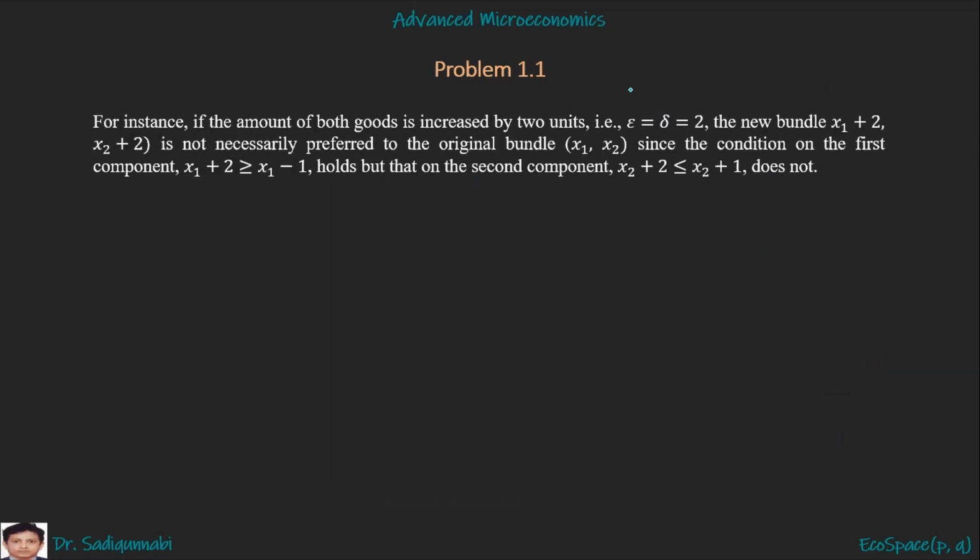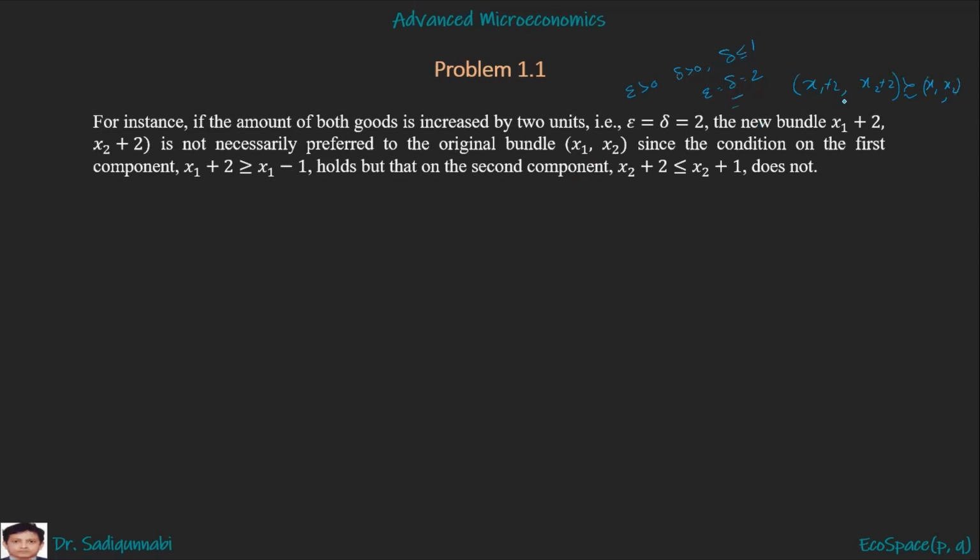We say that epsilon is positive and delta is also positive, but the condition is that delta should be less than or equal to 1. So let's take epsilon equals delta equals 2. Then our bundle is X1 plus 2 and X2 plus 2, and we compare this bundle with X1, X2.